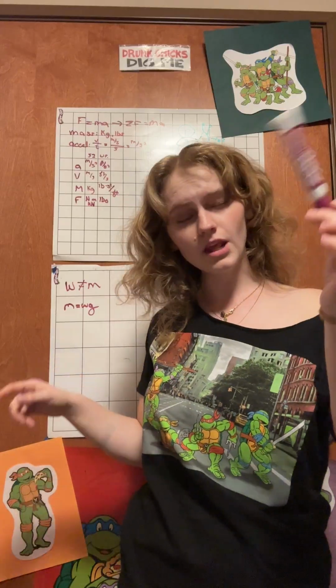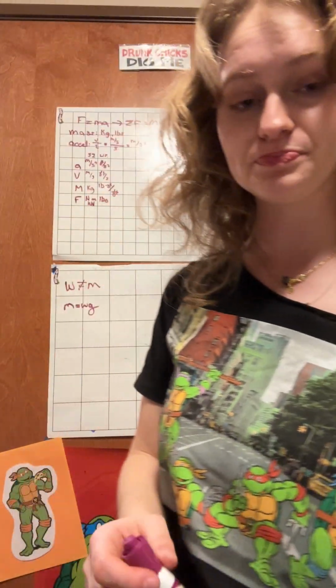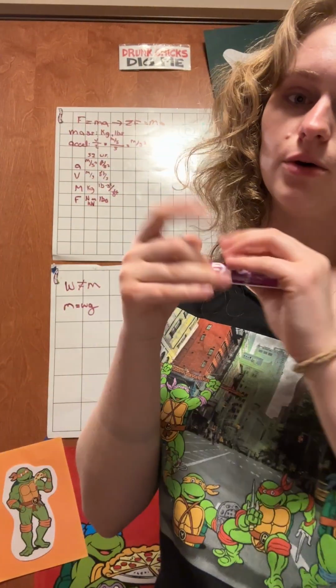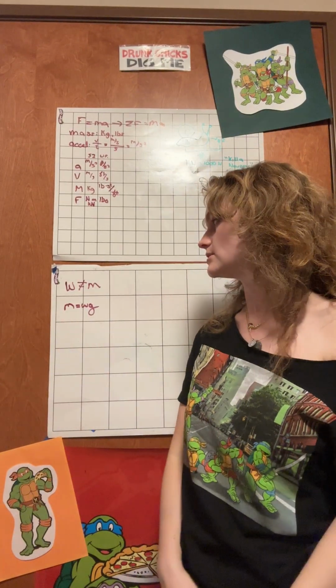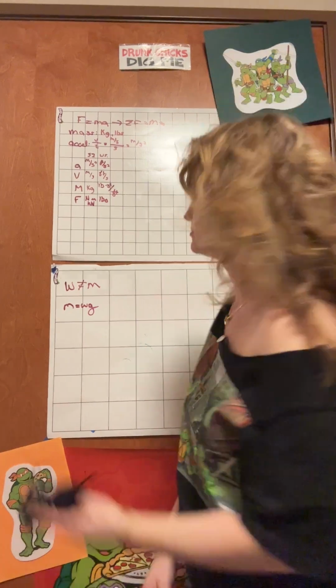But the weight of it changes based off the gravity, because on Earth, it's 9.81. I don't know what it is anywhere else, but I know it's not 9.81. So that's why the weight changes as you go other places. I don't know. If you guys ever go to Pluto, let me know. That's actually so sick. Okay.